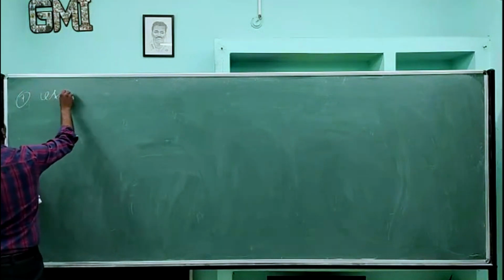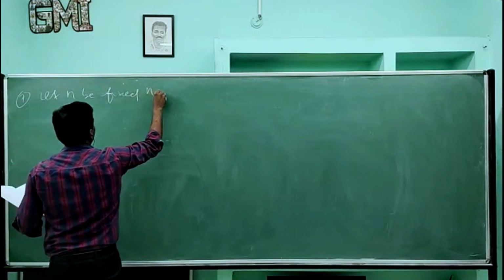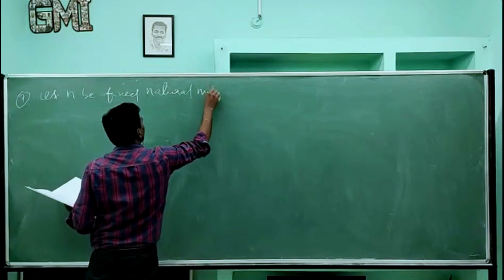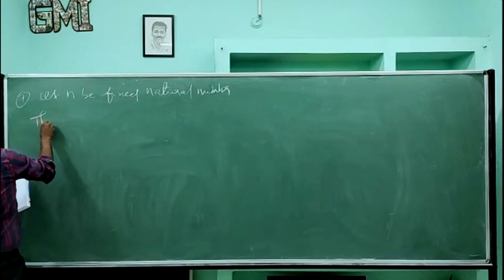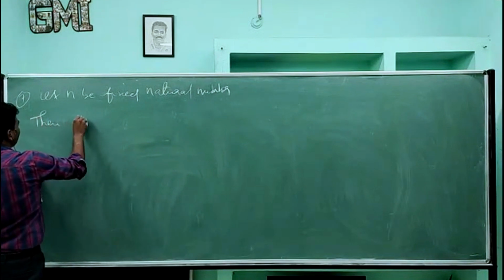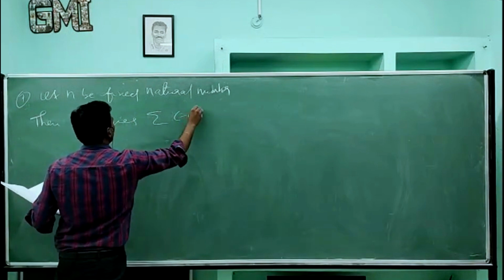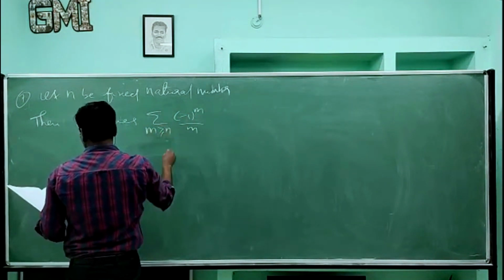Okay, let n be a fixed natural number. It's a simple problem. Then the series summation of (-1) to the power m by m, m greater than or equal to n.